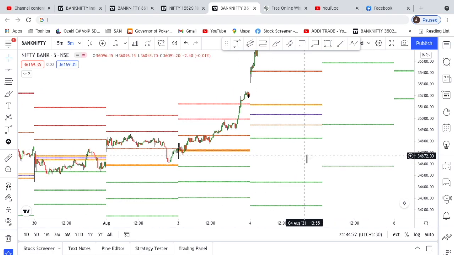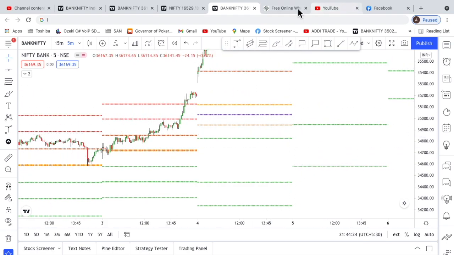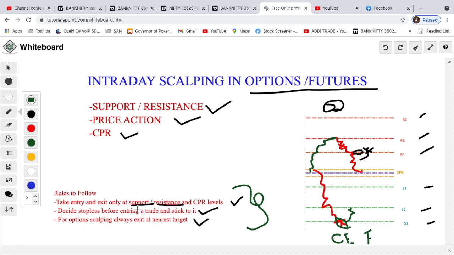And another logic, like these are a set of rules, another rule or logic is, the CPR is this central pivot range, these three lines, the yellow line, the purple line, and the below purple line. If the CPR is wide, okay, the three CPR lines, if it is wide, most likely the market will be sideways.